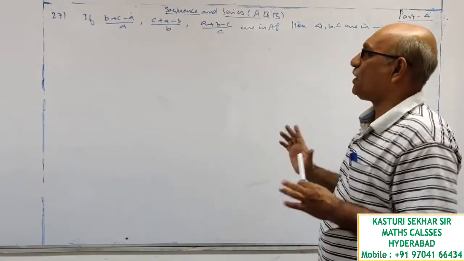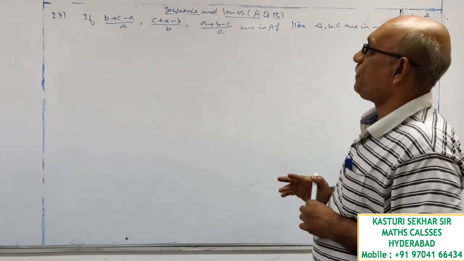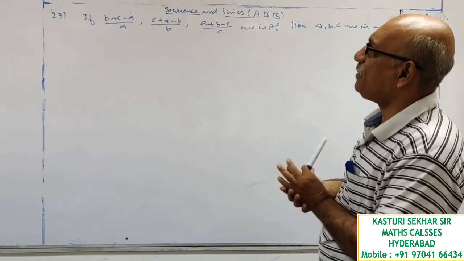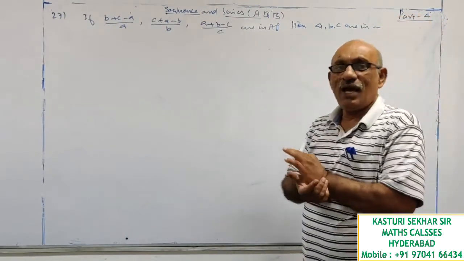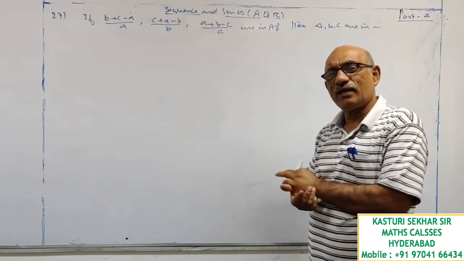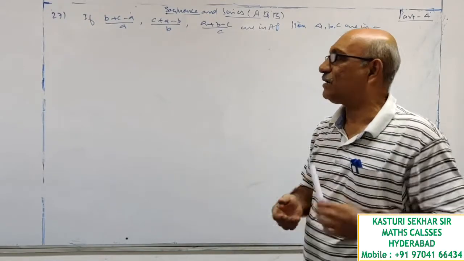Look at this, sir. I want a, b, c only. It means other terms I have to eliminate from the picture. I can cancel the terms in the numerator if I have same values in the numerator.